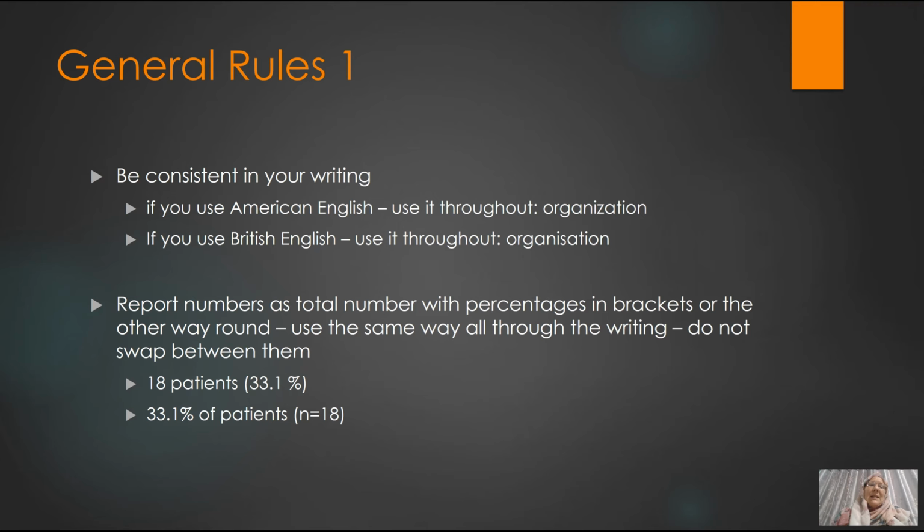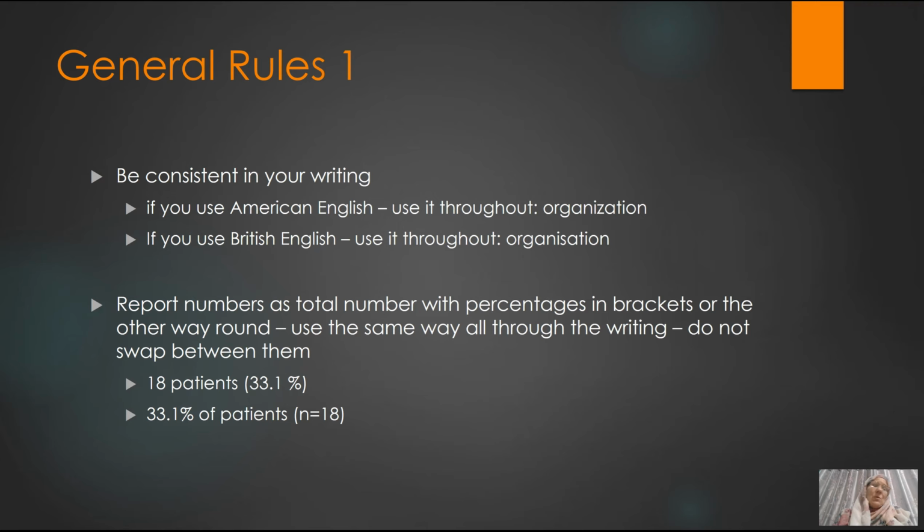The second thing you should always be consistent with is the reporting of your numbers and your results in numbers, so quantitative results. You should always report total numbers as well as percentages. The usual way of reporting is the total number and the percentage in brackets.